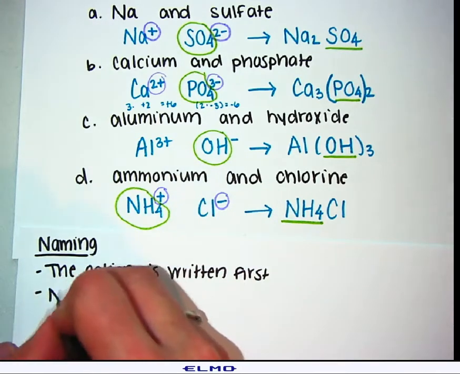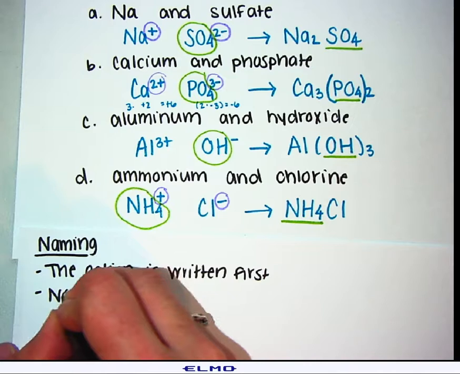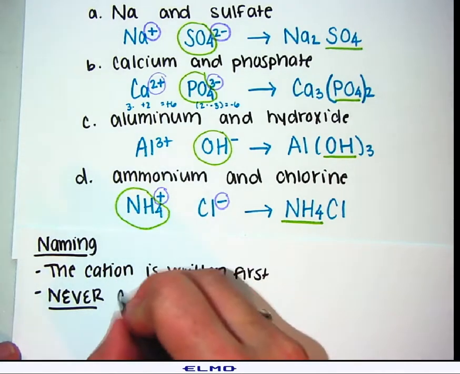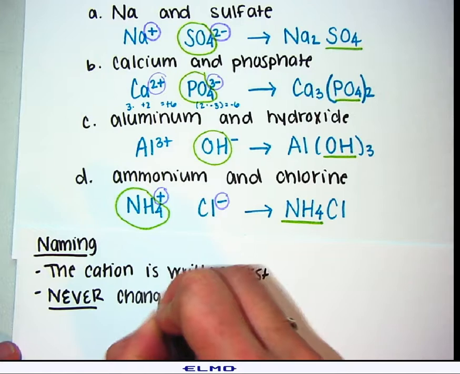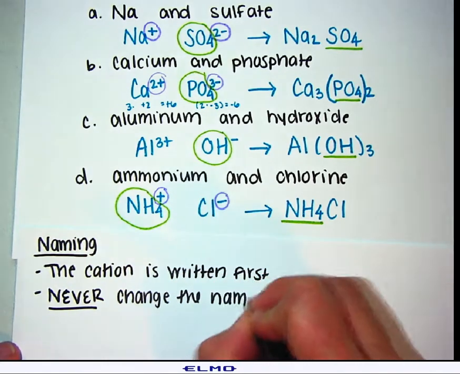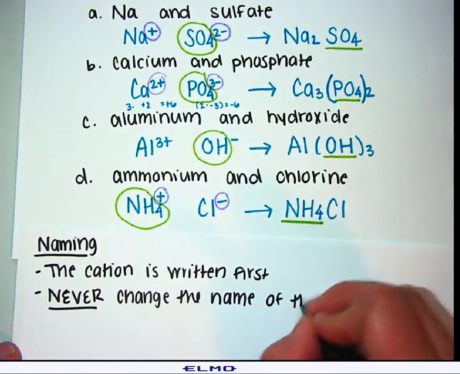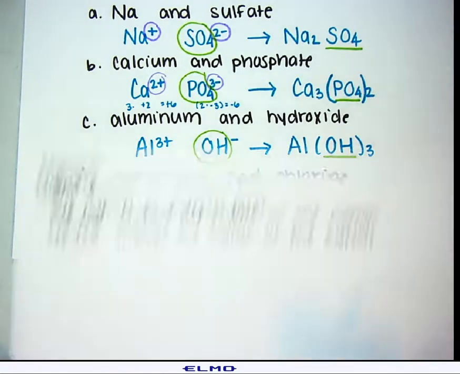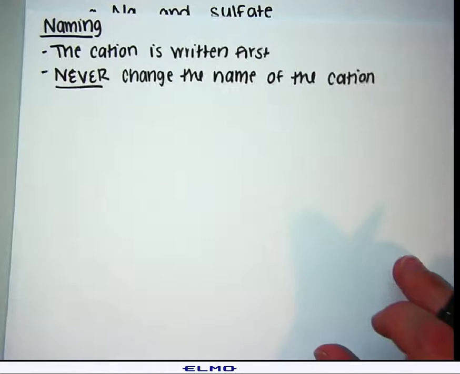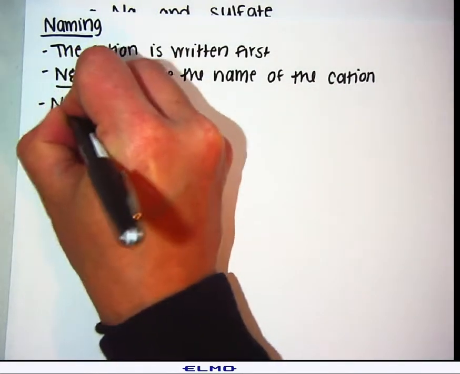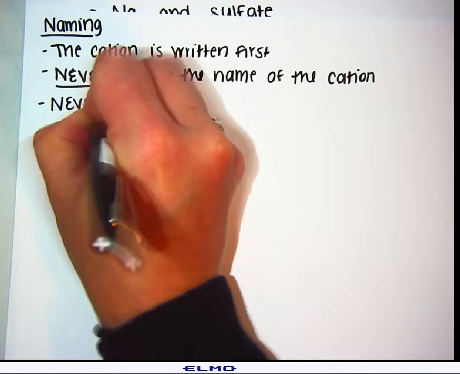Just like with binary, never change the name of the cation. These ones are going to be even easier than binary.